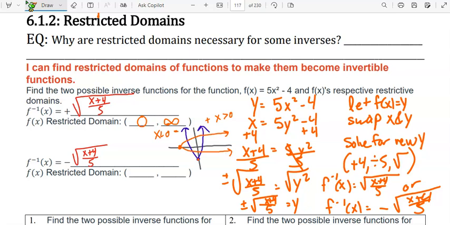For a negative inverse, it's going to be the other side, negative infinity to 0. It's the h value of f of x. There was no horizontal translation, so that's why it's 0.